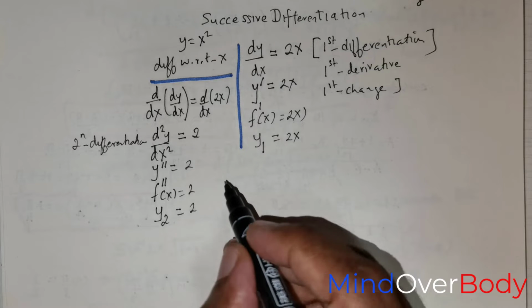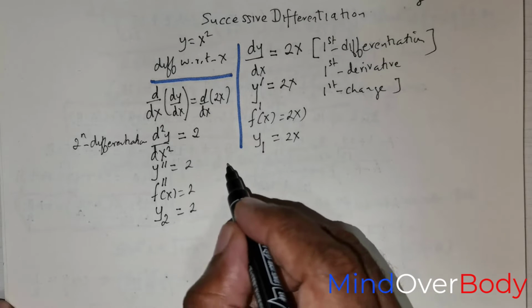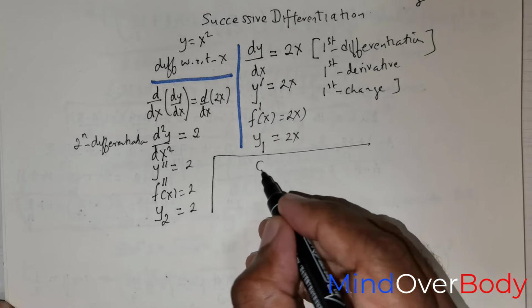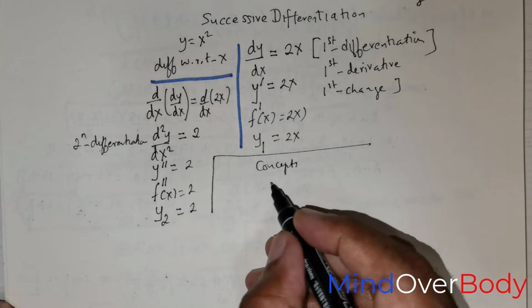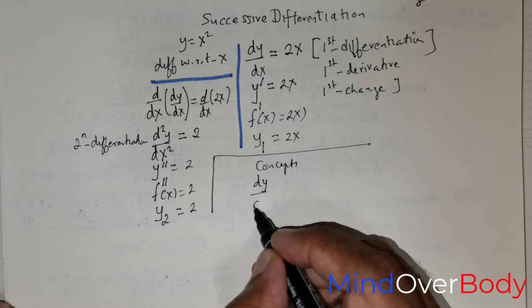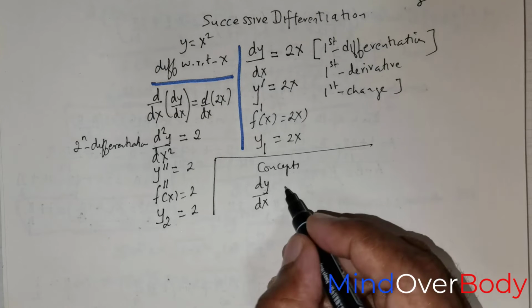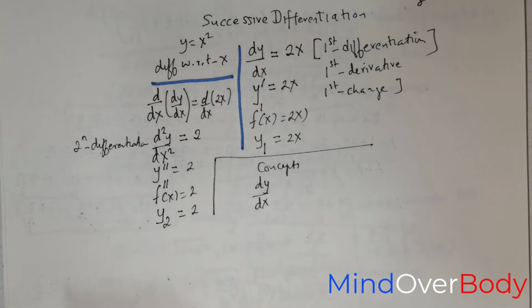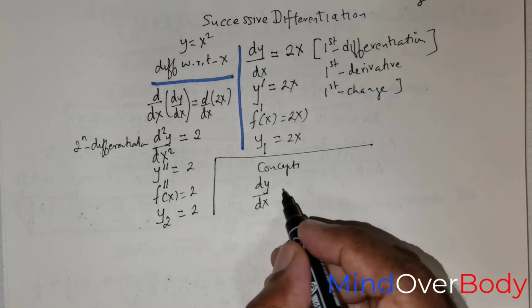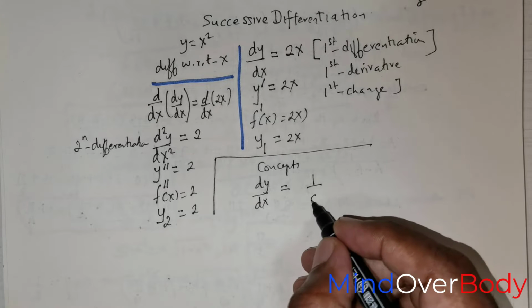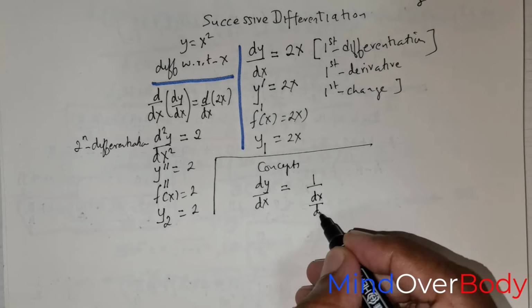So having got that out of the way, let us have a few concepts that we need to know. Now if you are finding dy over dx, and you want to represent dy over dx in a different fashion, say for example in this case we just have dy over dx, but what if you wanted to rewrite this as 1 over dx over dy?